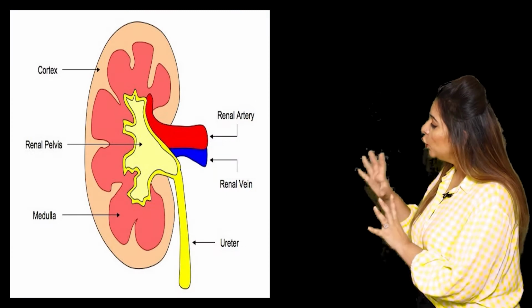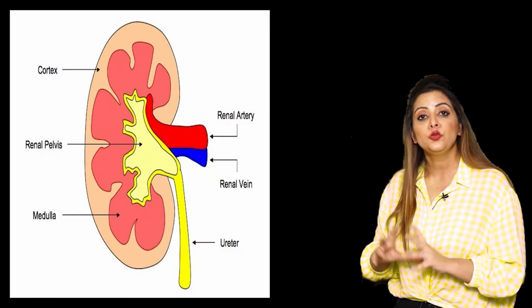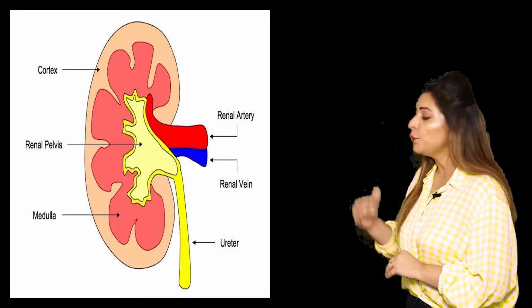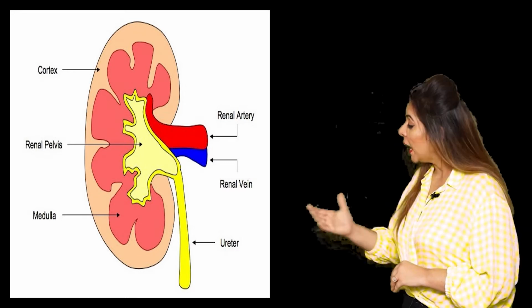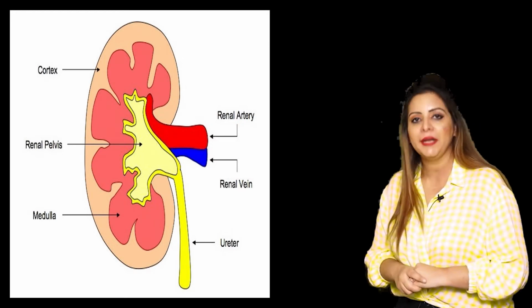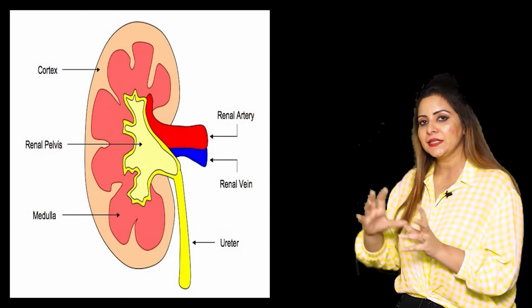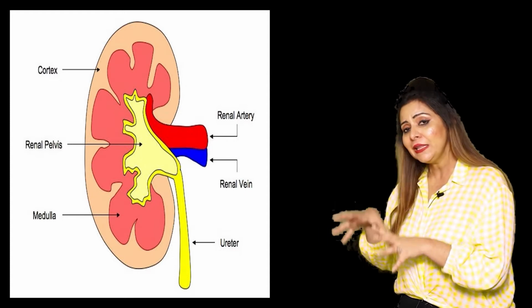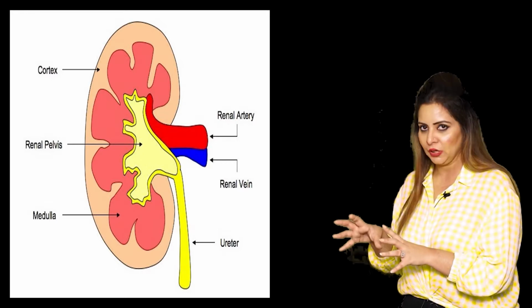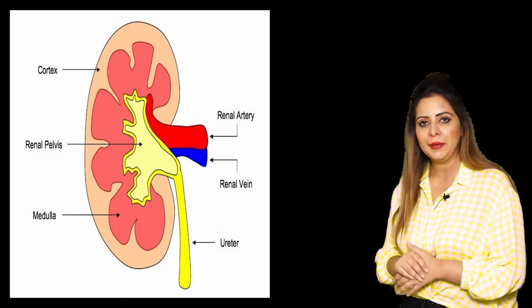Now, if you look at the internal structure, we roughly divide the kidney into two parts, right? The outer portion is called the cortex and the inner portion, what you're seeing inside it, is called the medulla, right? So there is the rough demarcation, that is the cortex, the outer part, and the internal part is called the medulla. Got it? Bean-shaped kidney, then we have cortex, then we have medulla.